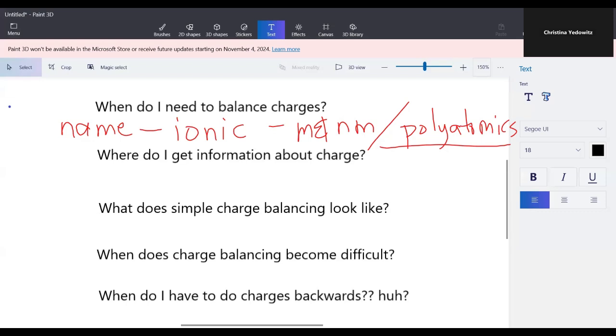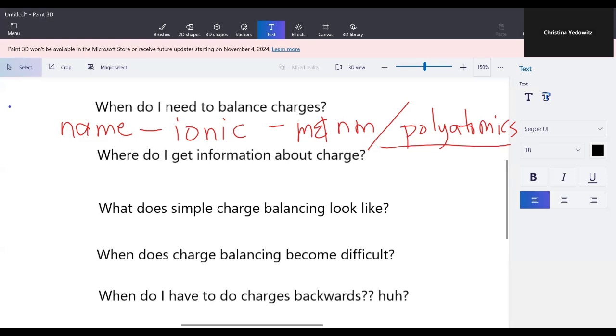Where do you get information about the charges that you're going to use when you're balancing? When you're balancing, you're going to be using a basic knowledge of the periodic table. That means you're going to be pulling that off of the periodic table that you're given in class.